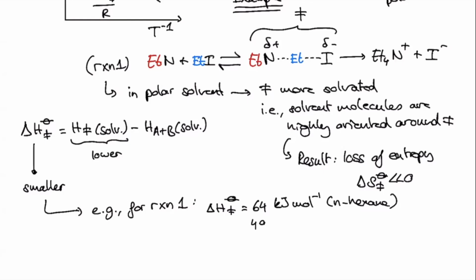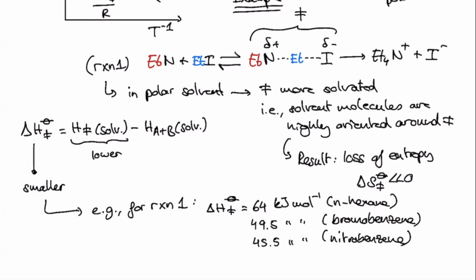It's 49.5 kilojoule per mole in bromobenzene. And it's 45.5 kilojoule per mole in nitrobenzene. So you see, we're increasing the polarity when we go down this row of solvents, and that results in a much lower activation enthalpy for this reaction.